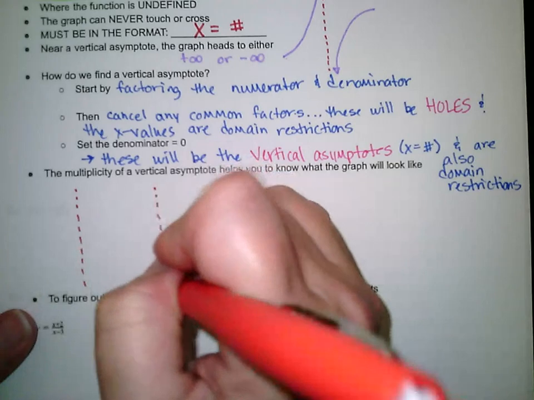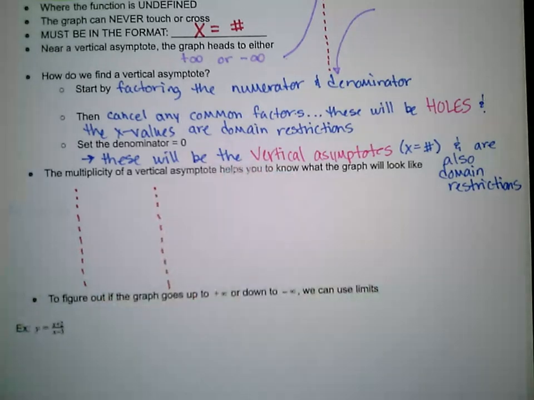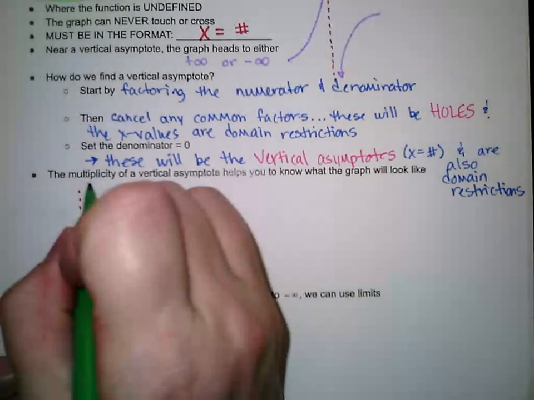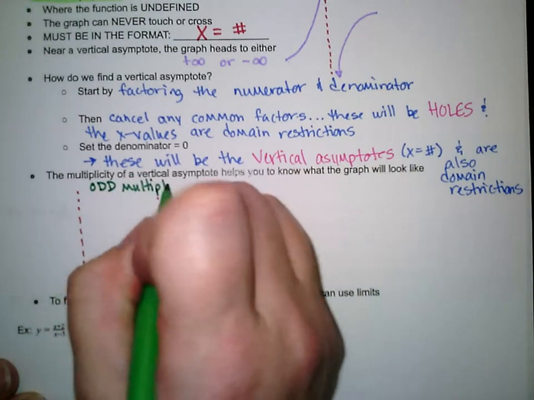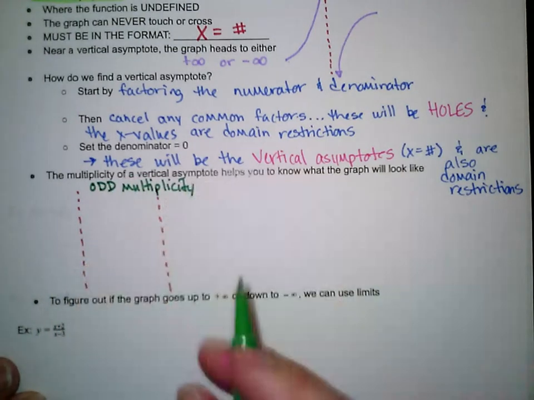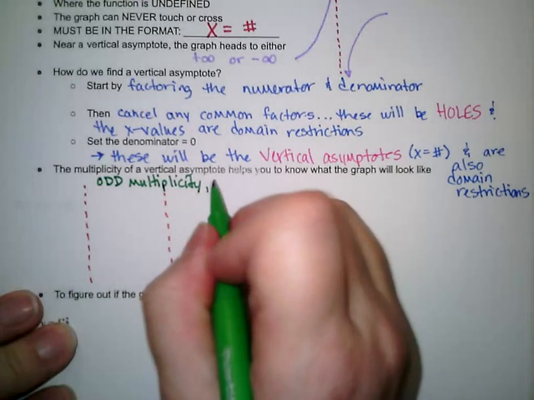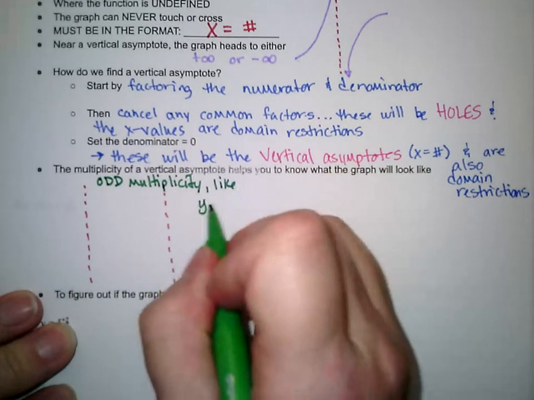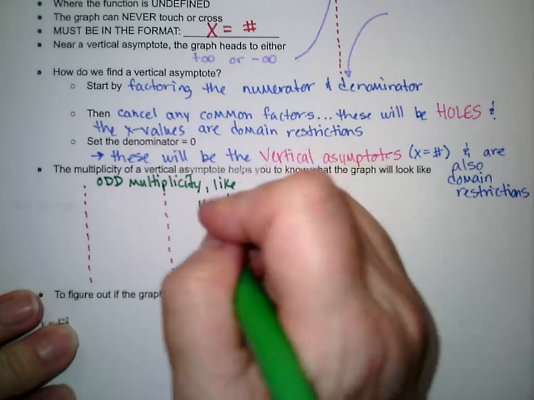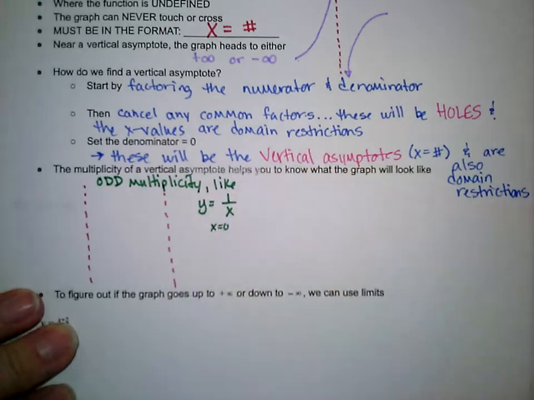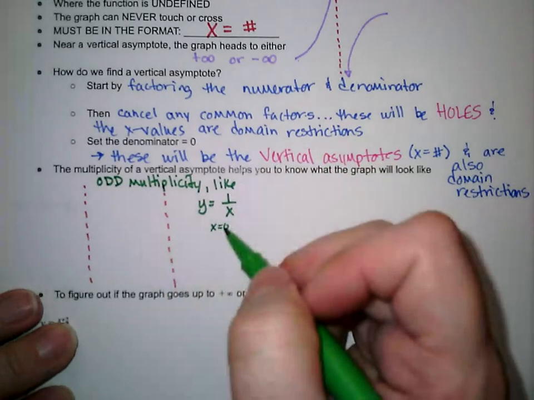Odd multiplicity of the asymptote is going to be like y equals 1 over x. That vertical asymptote will be at x equals 0, and we've graphed that one, y equals 1 over x.